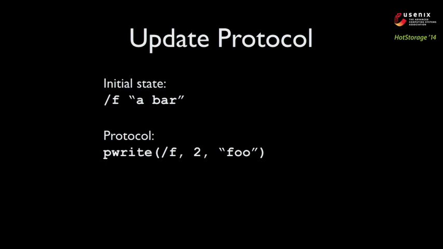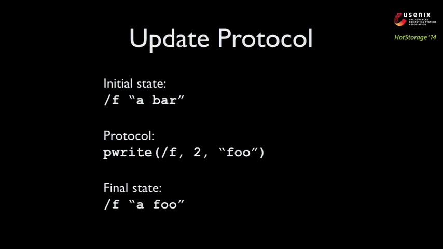So you can imagine years from now, people are going to ask, why were those their choices? But in any case, to do that, we just have a simple protocol. We're going to use a single system call, a pwrite, a positioned write. So we write to /f at offset 0 the letters foo. And we'd like the file to end up like this, okay? Make sense? Simple. We have bar in there. We're going to overwrite bar with foo and end up with foo.